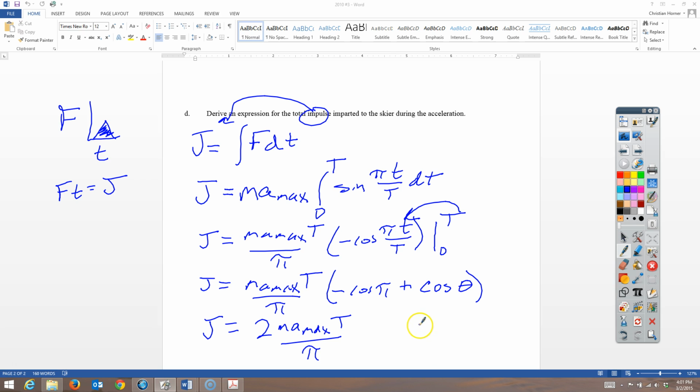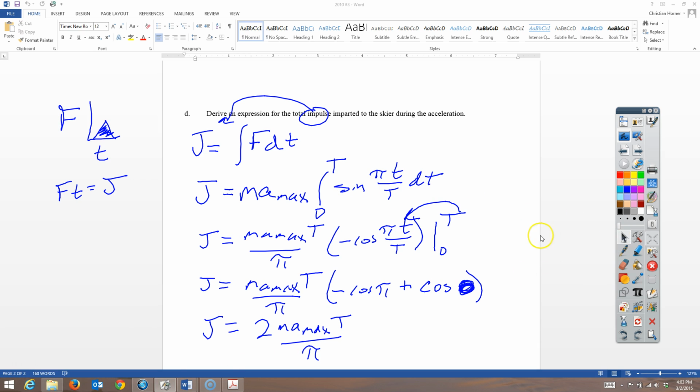And again, it's because of what we can do with our negative cosine of pi plus the cosine of, and that's not the angle, that's really 0, which is cosine of 0. So we put the 2 out front, and this is 2 times m a max times T all over pi. And that is your final answer for this problem.